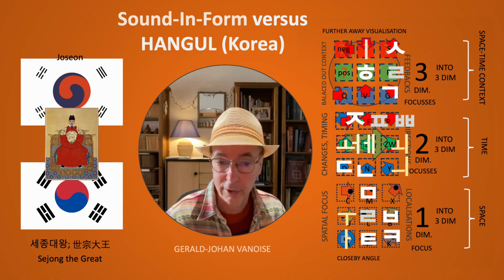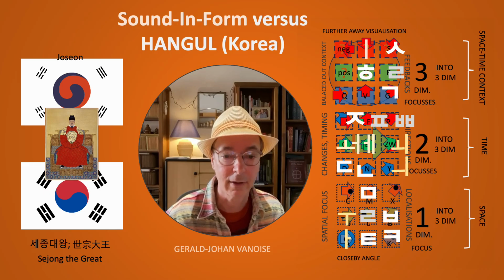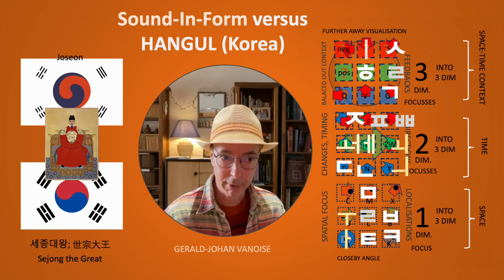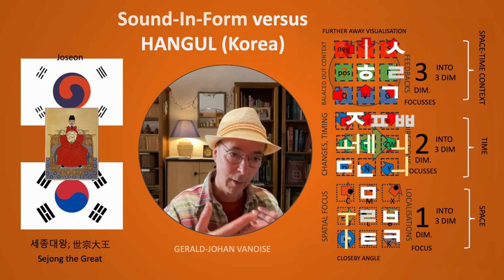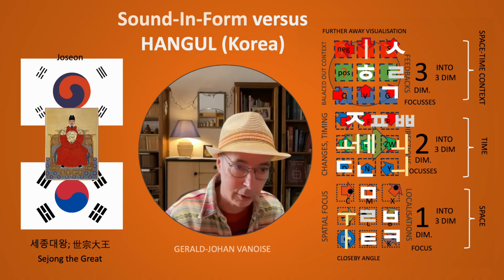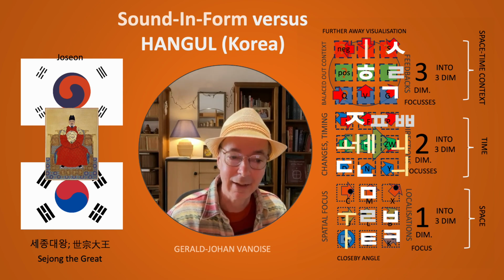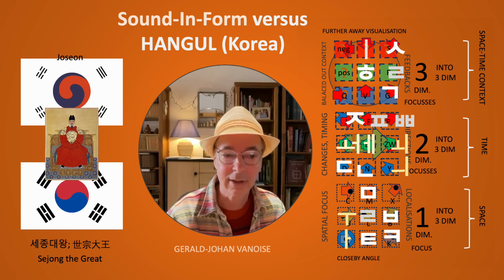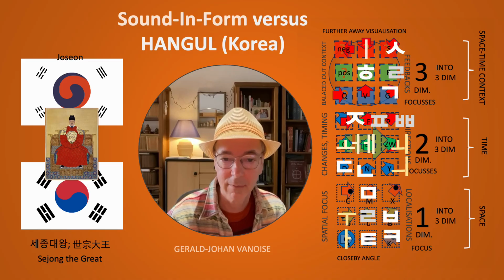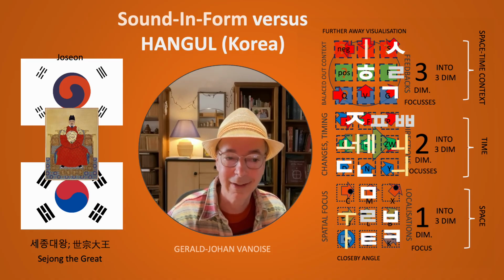There's a great series also about Sejong the Great and how he developed that script, but you can already see how important that balance is in the flag of Joseon and also in the flag of South Korea. These ideas are still there. It is still shown how this balance should be there.